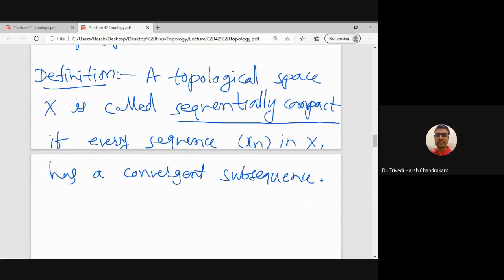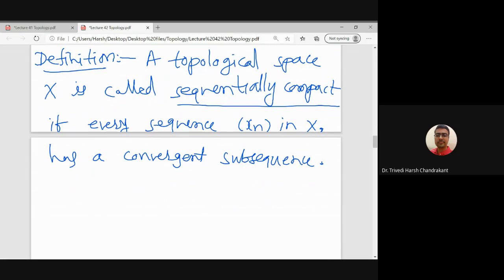So whenever I take a sequence xn, and I can always find its convergent subsequence in X, then the space X is known as a sequentially compact space. Usually a subsequence we denote by x_nk.